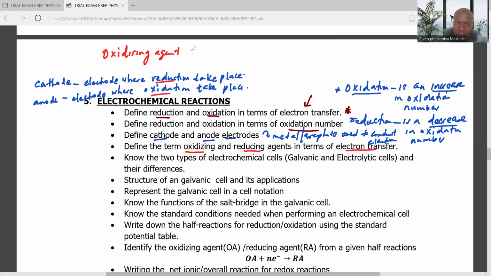In another book, we call it the OA. Oxidizing agent is the substance that gains electrons. A substance that gains electrons is called an oxidizing agent. In another book, they say it is the substance that has the ability of gaining electrons while itself is reduced.